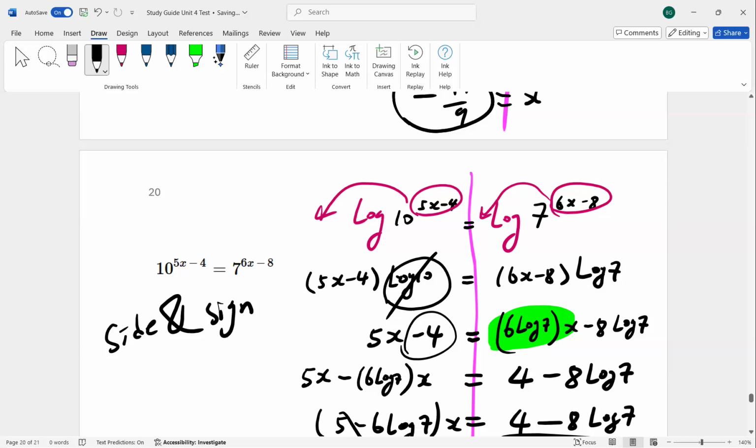You have time all the way to May 10th. What day is today? Today is the 29th. How many days do we have? Oh, 2 weeks. No, we don't have 2 weeks. 1, 2, 3, 4. 10 days.